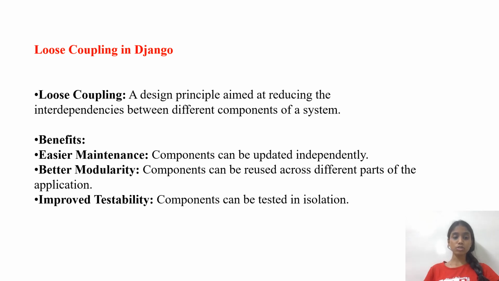So that is nothing but loose coupling. The benefits are easier maintenance, as components can be updated independently, as I already said, and better modularity. Components can be reused across different parts of the application. If we define some function in the views.py file, we can also access or use it in another views.py file.